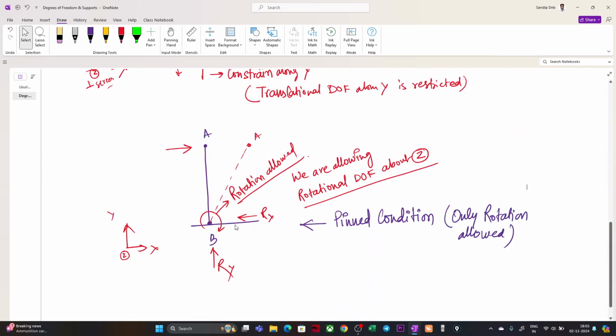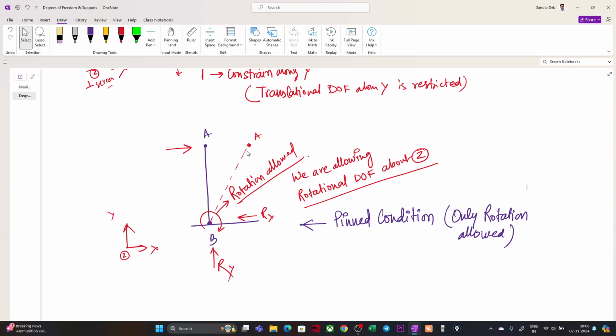But when you create a whole system, a configuration of elements assembled together, the support conditions may be different. So the main aim of providing the support is to make the structural system or element stable.